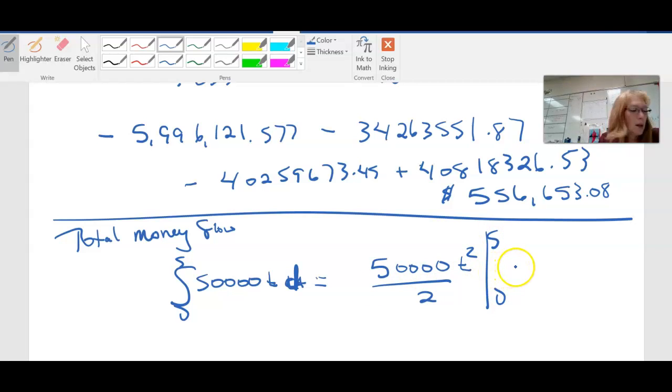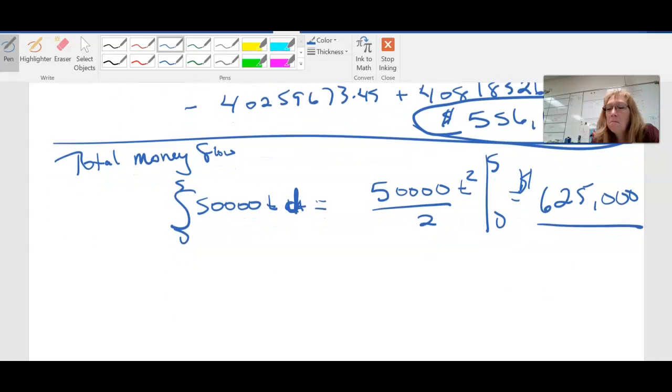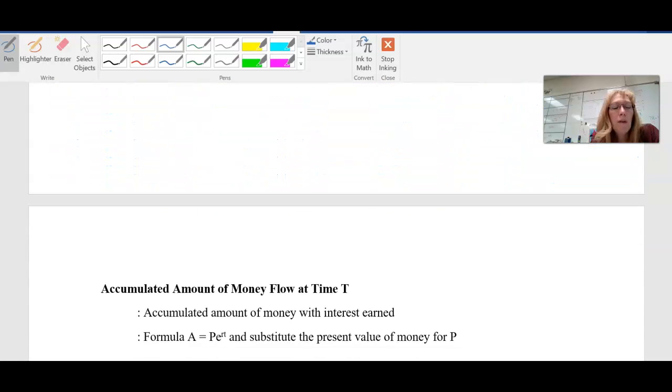When you type that in your calculator, you would have got $625,000. So this means your insurance company has to offer you this to match that price for 5 years. I hope you did a good job on that.